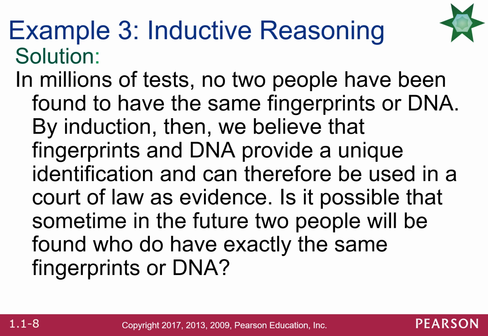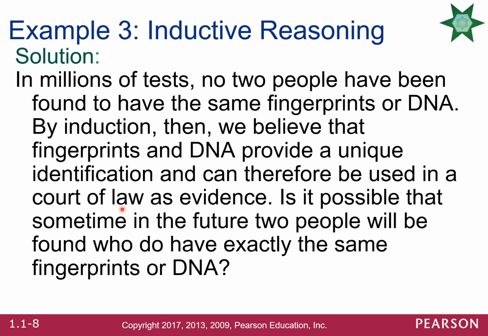So to the question on the fingerprint problem, to which we already provided the answer of how inductive reasoning is being used, they've put a solution together here. It says in millions of tests, no two people have been found to have the same fingerprints or DNA. By induction, then, we believe that fingerprints and DNA provide a unique identification and can therefore be used in a court of law as evidence.